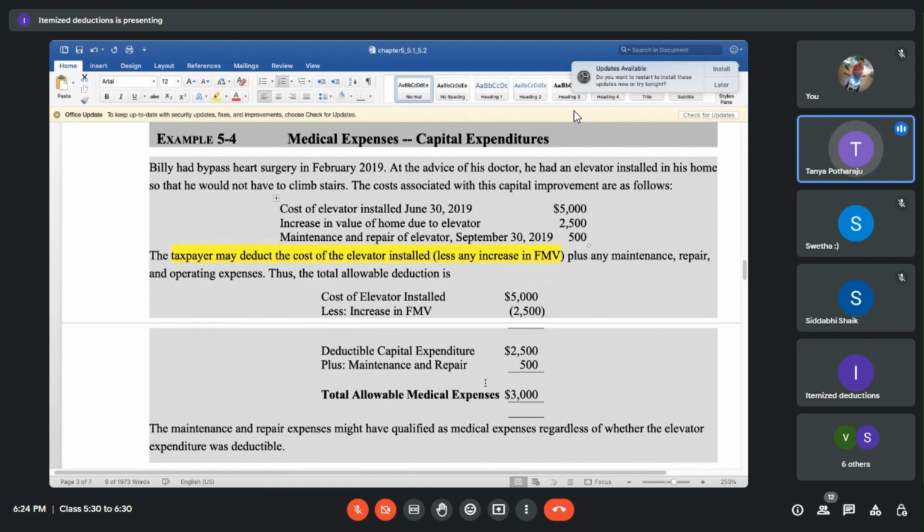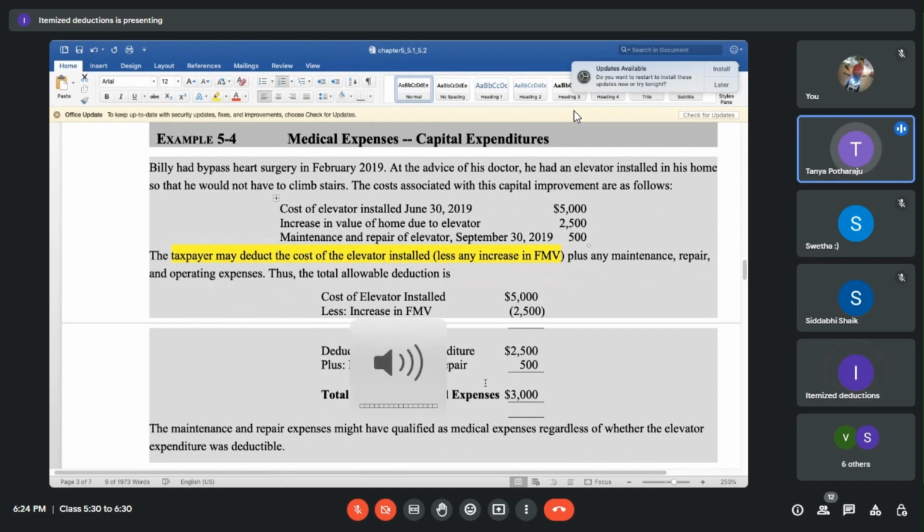And the maintenance and repair of $500, so that the total allowable medical deduction is $3,000. Right. Maintenance and repair expenses might have qualified as medical expenses regardless of whether the elevator expenditure was deductible. Right. Can you just try to explain it for everybody's benefit, Tanya?